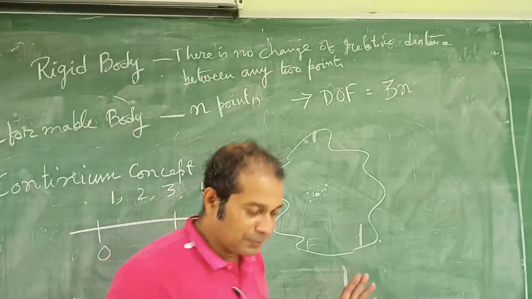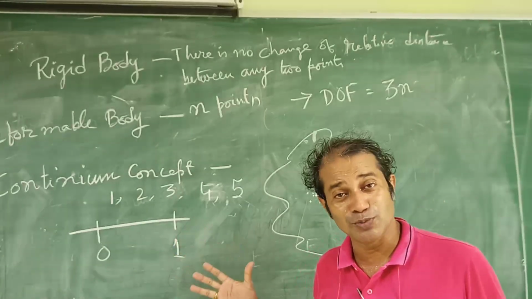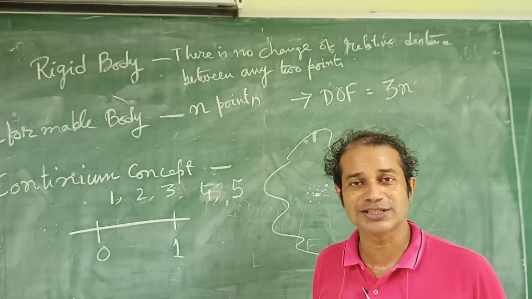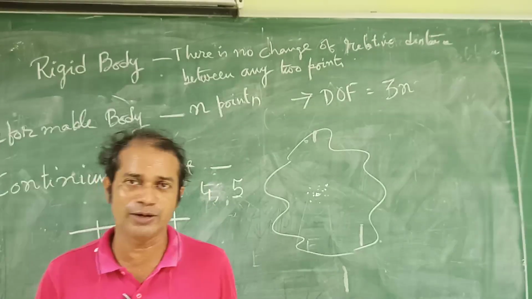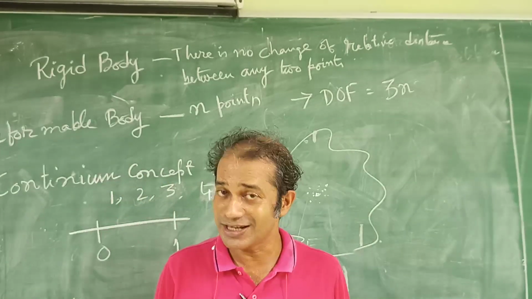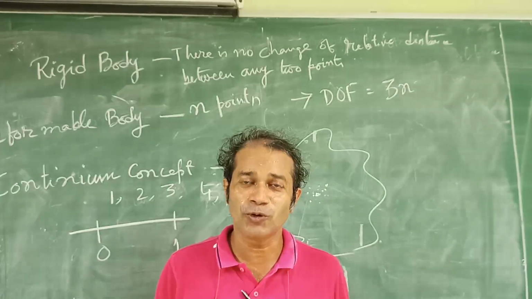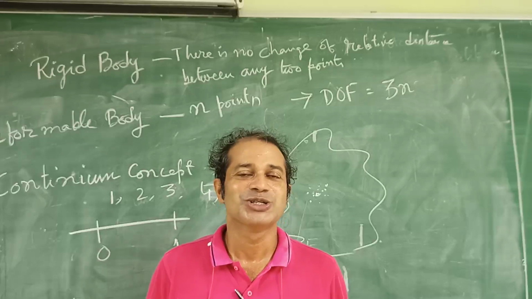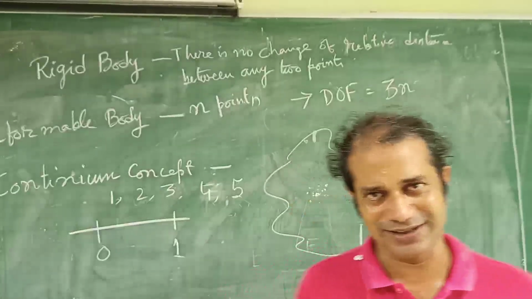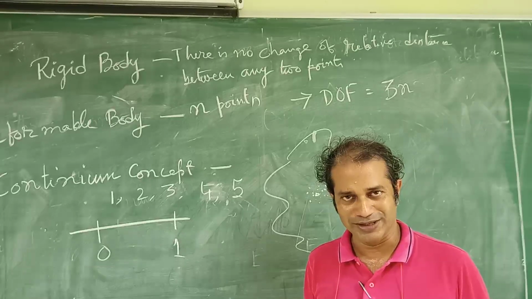In a planar or 2D motion, there can be 3 possible motions. So if you try to restrain any planar motion, you need 3 reaction forces. If you make it 4, then you are over constraining it, and over constraining is not necessary. These 3 are sufficient to restrain the body movement.